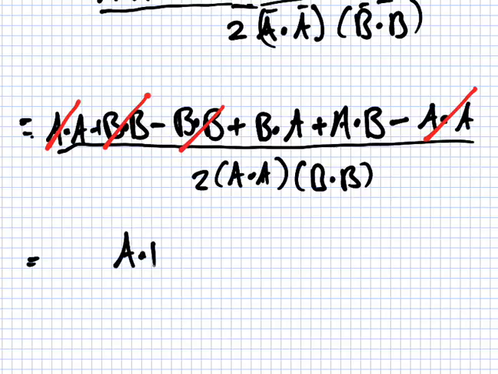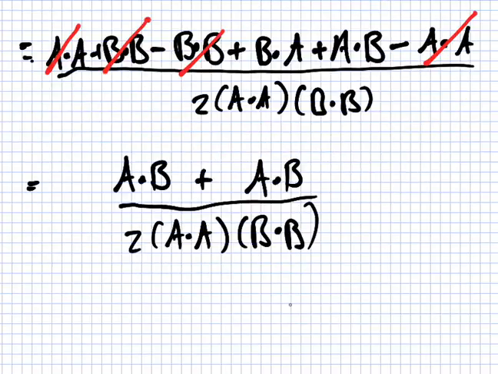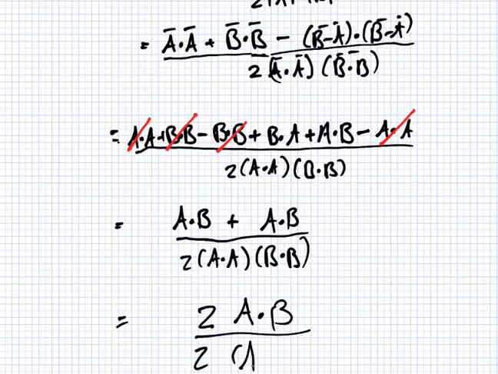Yeah, so you have A dot B plus A dot B, all over 2 A dot A times B dot B. But on the top, this is a number plus the same number. So it's just twice A dot B all over 2 A dot A, B dot B.